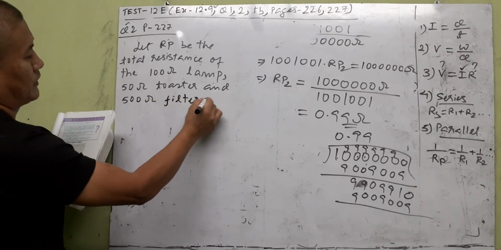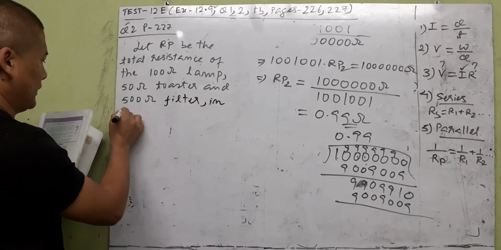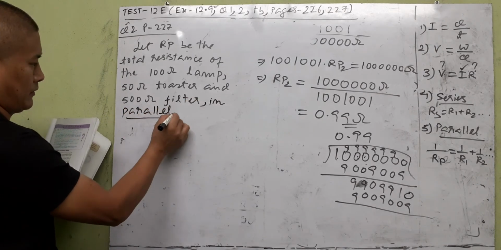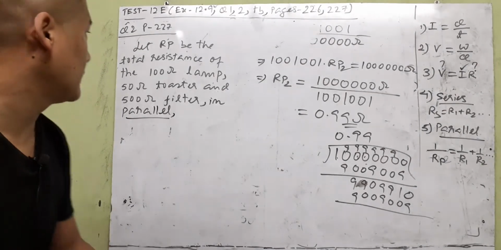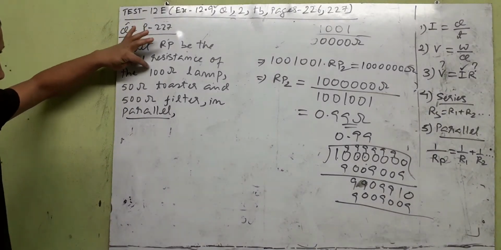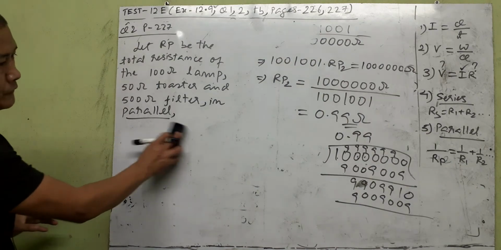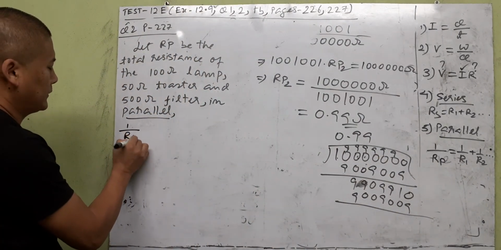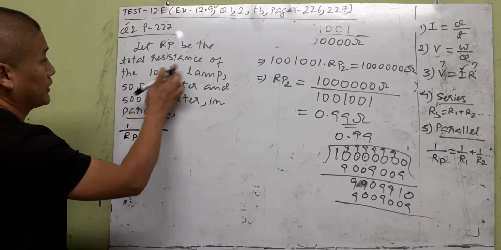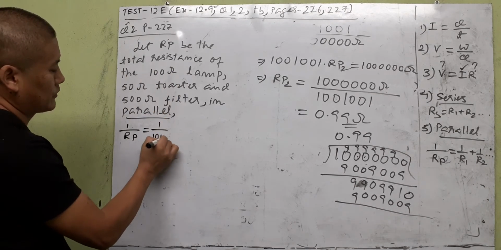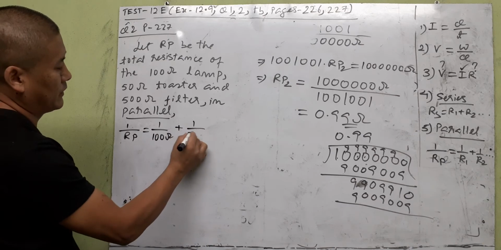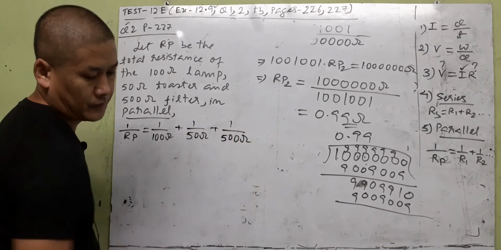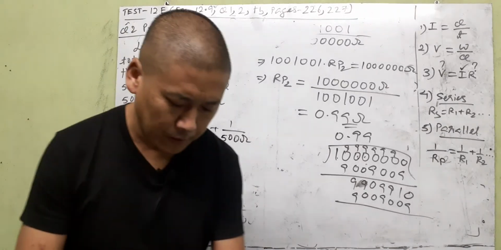I'm writing in short. Clearly the question says they are in parallel. This is important. Because these 3 resistances here are in parallel, 100, 50 and 500, we have to use the parallel formula, this one. So 1 by RP will be 1 divided by the first one is 100 ohms, second is 1 by 50 ohms, the third one is 1 by 500 ohms. Okay, so that's how we go about.